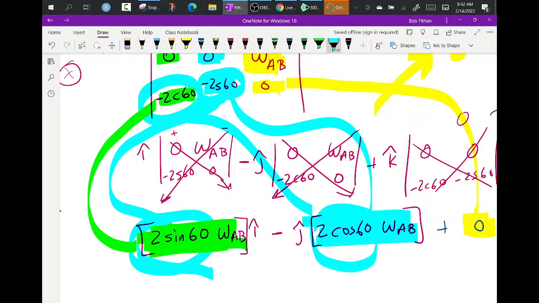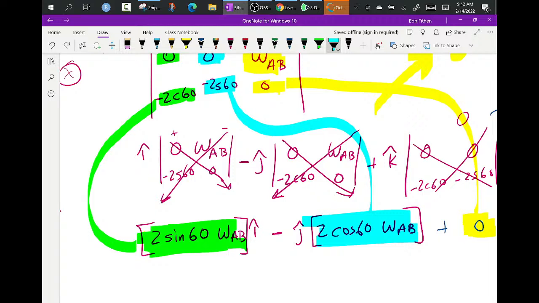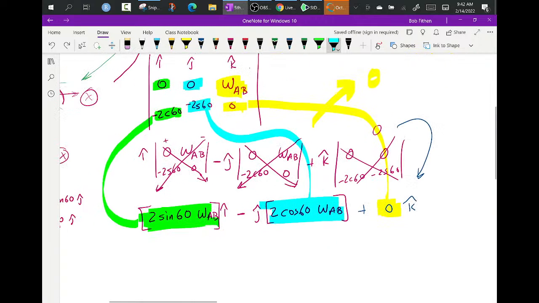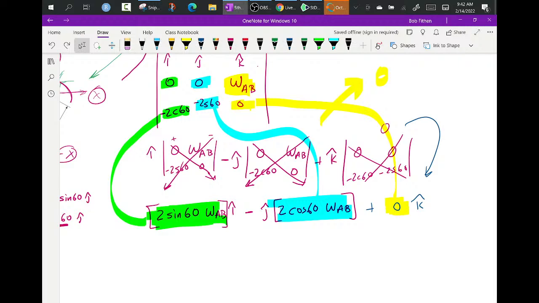It always is the case, but you have to check your signs to make sure they're that way. And so, just like that, you can check it and make sure you got the right answer.